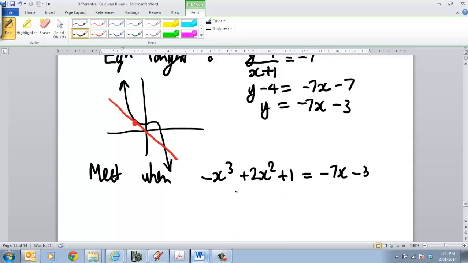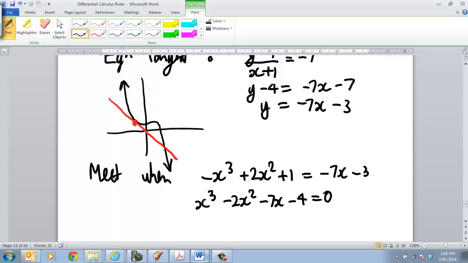So therefore we rearrange that equation. Now we can bring it over that side, but we'll write it as x cubed take 2x squared, and it'll be take 7x, and it'll be take 4, that's equal to 0.